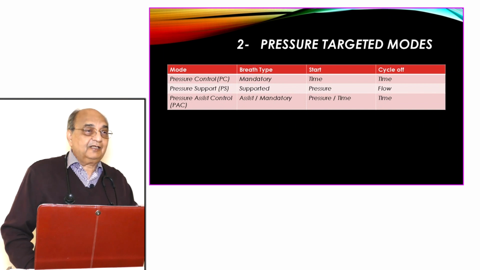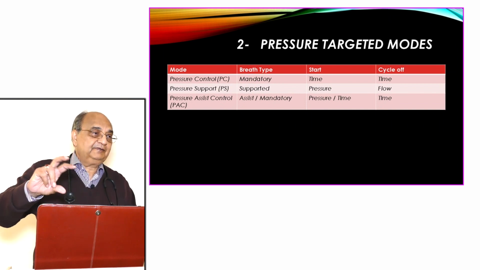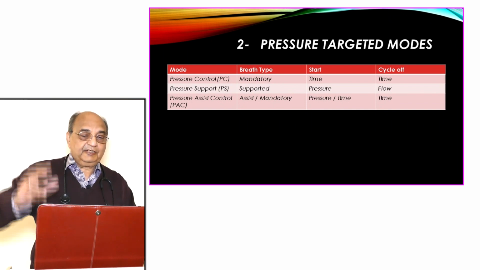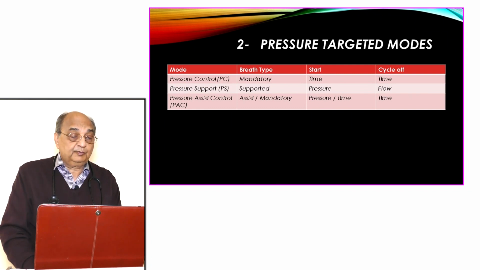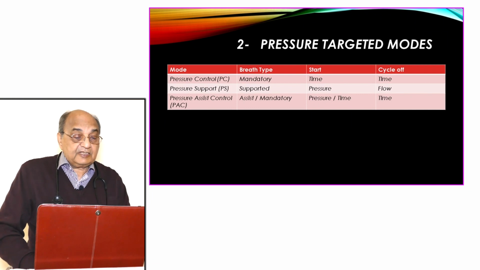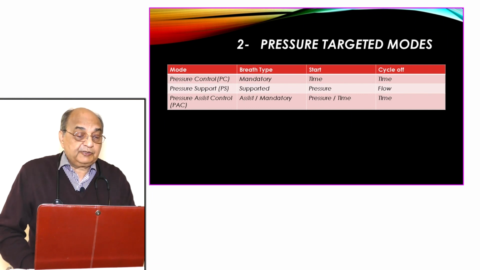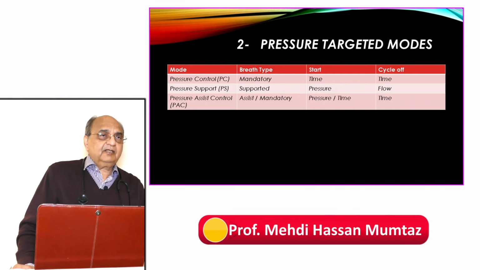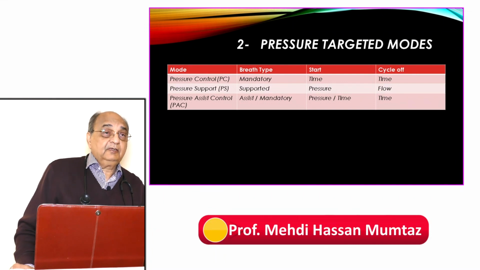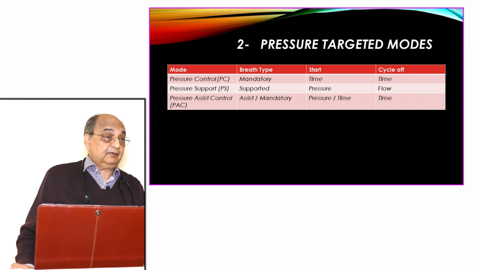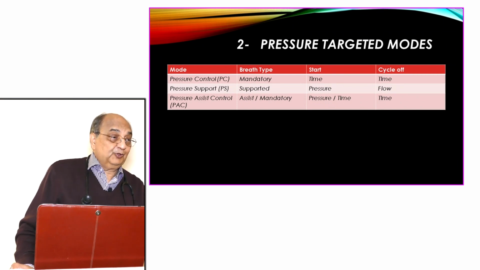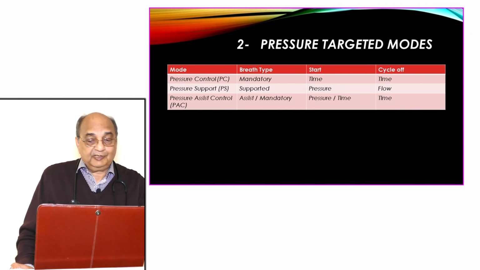To achieve that target, you control the pressure. You increase or decrease the pressure. Then cycling should be time cycling in pressure control mode. Then there is also pressure assist control mode, and pressure support mode. They are just modulating the thing as in the volume. It could be SIMV with pressure also, and SIMV with volume also.